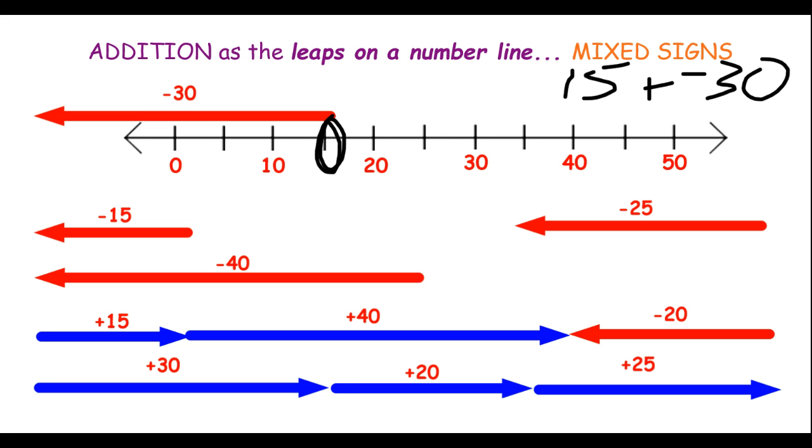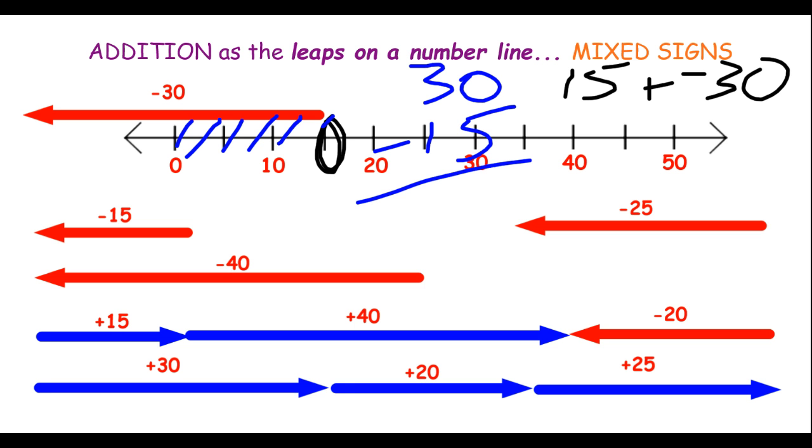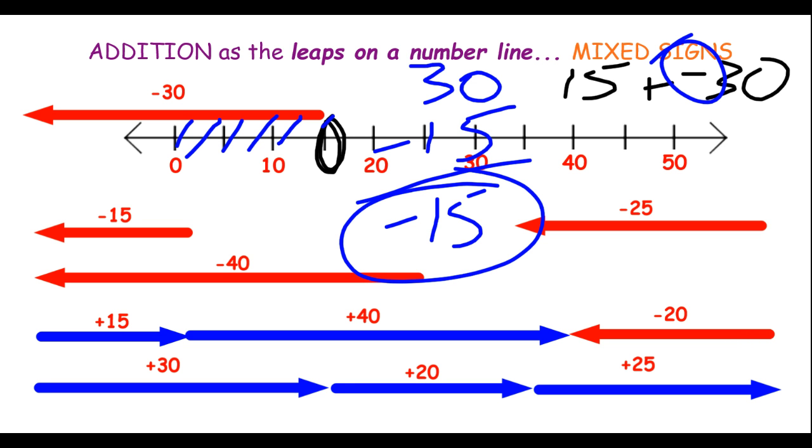And when we put it on the number line, we see that not only have we gotten closer to 0, we've actually gone all the way past 0 and onto the negative side of the number line. How far have we gone to the negative side of the number line? Well, in those 30 steps, 15 of them were taken up by getting back to 0, which means we have 15 steps left towards the negative end, and we end up on the negative side because 30 to the left is greater than 15 to the right.